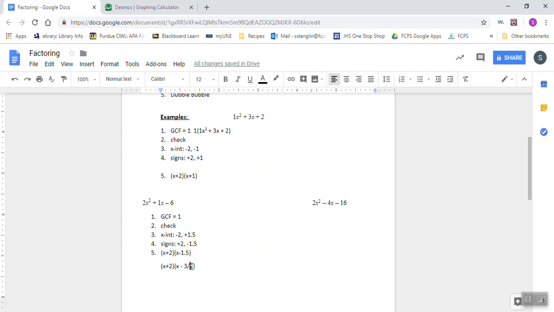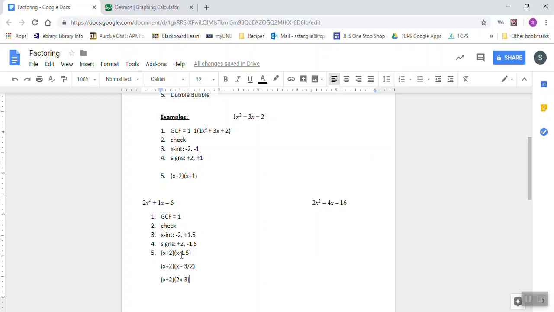So we're going to take this 2 and put it in front of x. So the x plus 2 stays the same, but now this factor is going to be 2x minus 3. So those are our two factors for this trinomial, x plus 2 and 2x minus 3.